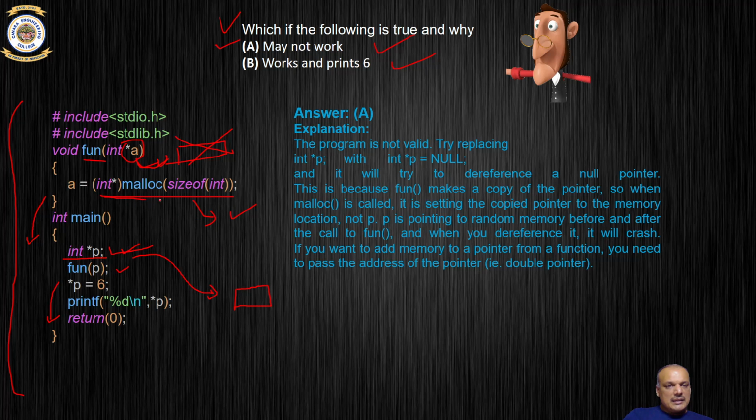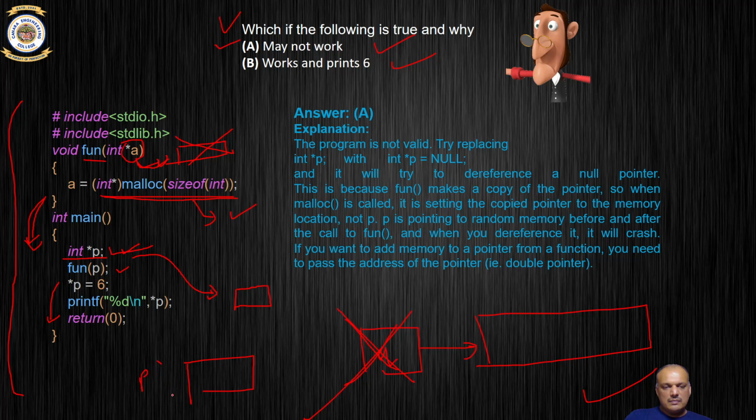The memory gets allocated in the heap that has a lifetime outside the scope of this function. That's well and fine, but the pointer A doesn't have a life outside the scope of fun. So the moment you come out of fun, A is out of the picture, and P is a totally different variable on its own, which is in the scope of the main function.